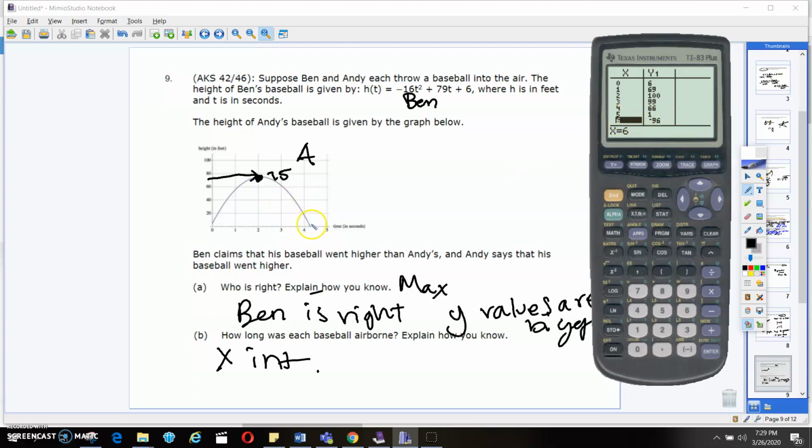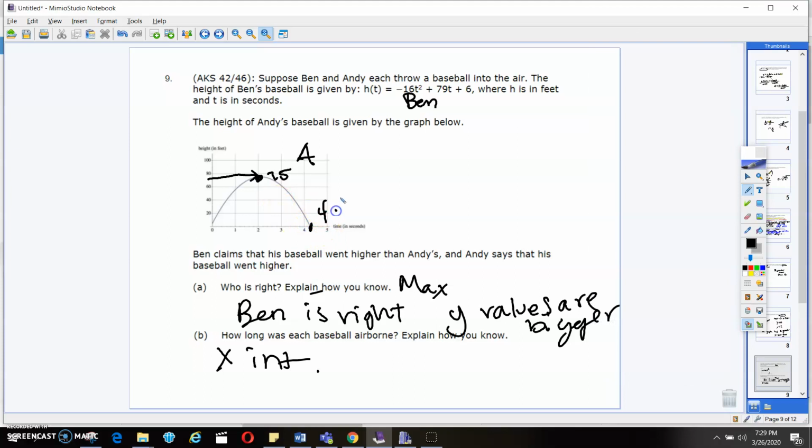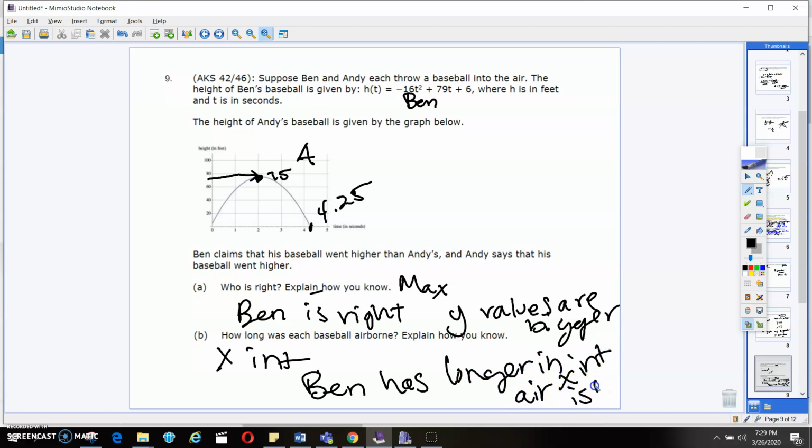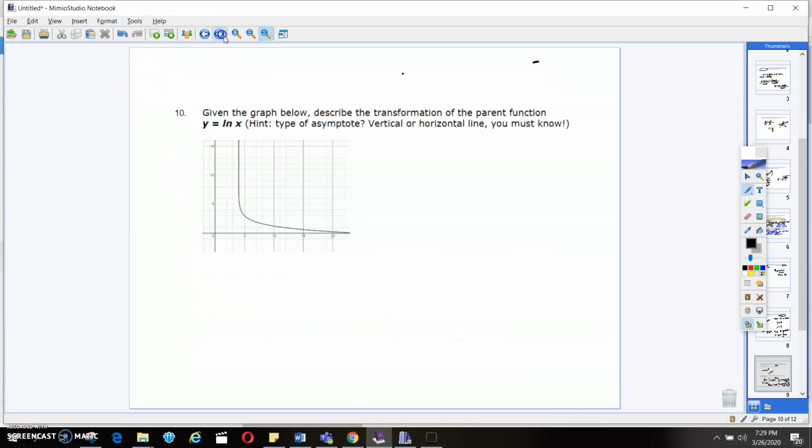Well, for Andy, he only hits at 4.25. So it's only 4.25 seconds, right? So that means that Ben has his baseball longer in the air, okay? And because his x-intercept is bigger. Okay? Sorry about that handwriting.